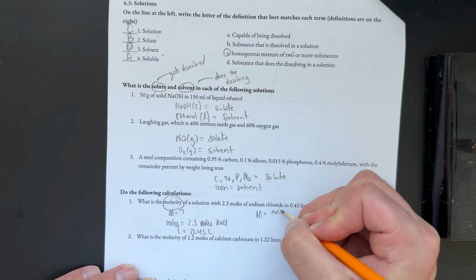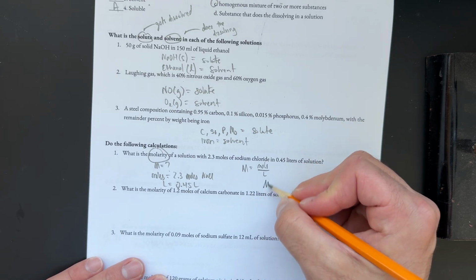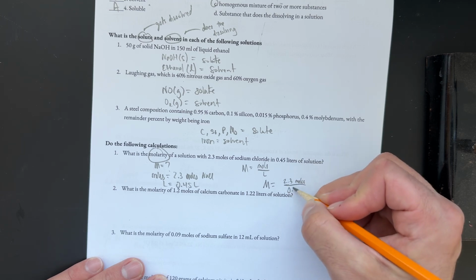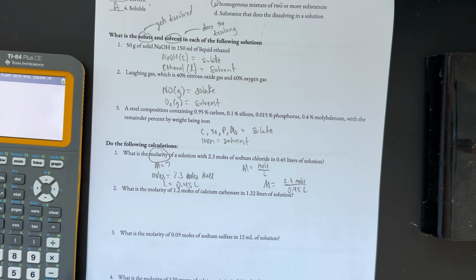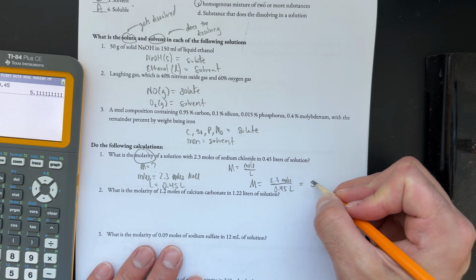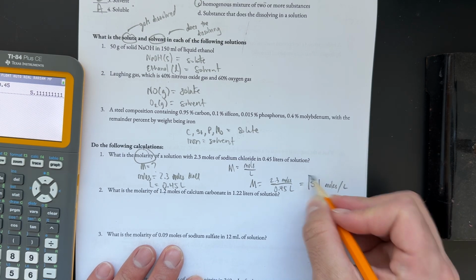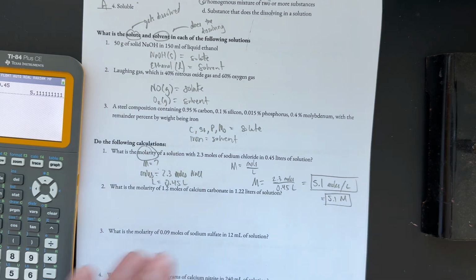Molarity is equal to moles over liters, so molarity here is 2.3 moles over 0.45 liters. Put that in our calculator, and you get 5.1 moles over liters, which is what molarity is. You could also have written 5.1 capital M, which is another way of saying molarity. So that's how you do that one.